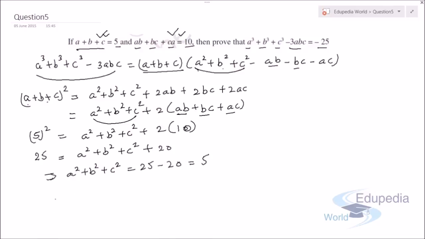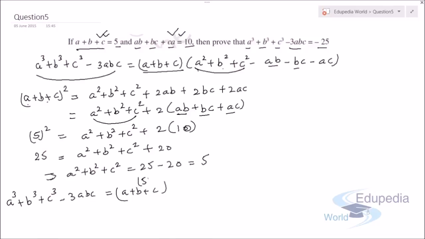Now what further? We have to find the value of a cube plus b cube plus c cube minus 3abc equals a plus b plus c. So what is a plus b plus c? It is 5.